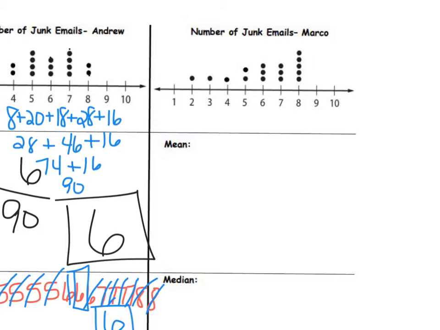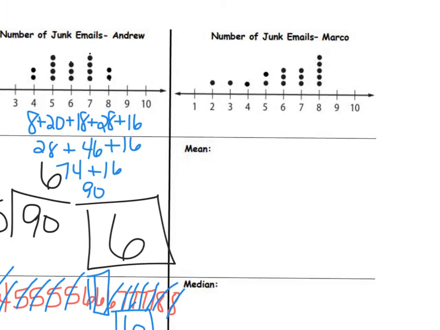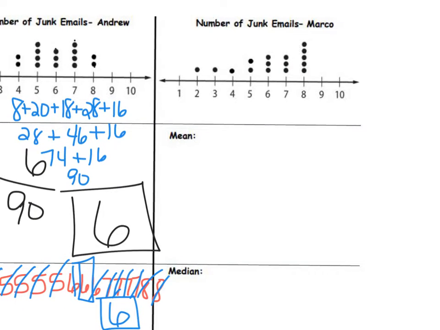Okay, so let's go ahead and add again. So we're going to add, so 2 plus 3 plus 4 will give us what? 9. Then we have 5 and 5, that's 10. 6 times 3 is 18. 7 times 3 is 21, and 8 times 5 is 40.